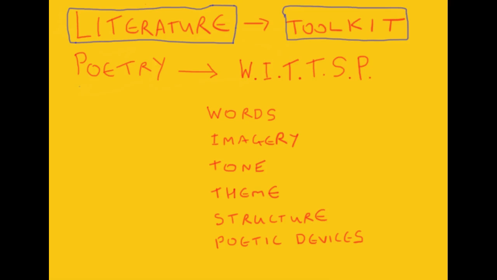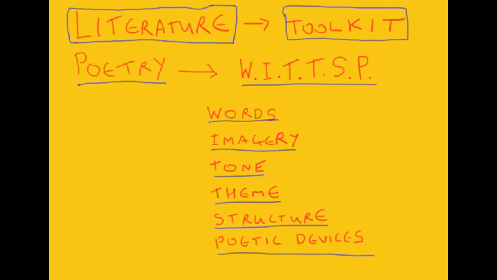Let's think about that in a bit more detail. If we look at poetry to start with, I used the acronym WITTSP, which is spelled out here. What does each of those letters mean? W is for words, I is for imagery, T is for tone, T is for theme, S is for structure, and P is for poetic devices.